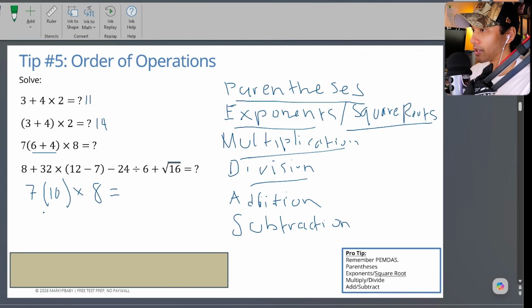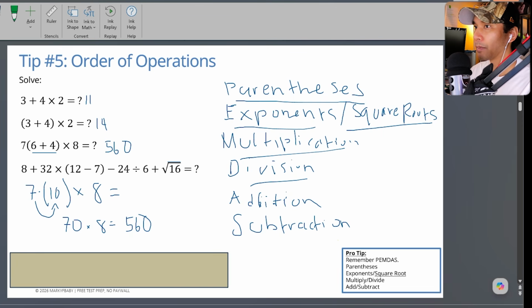And then we go, what is 7 times 10? Because all this means when this is attached to the parentheses is 7 times 10. That's all that's happening. So 70, because 7 times 10 is 70, times 8. What does that equal? Well, what is 7 times 8? It's 56. Carry that 0, and it's 560.